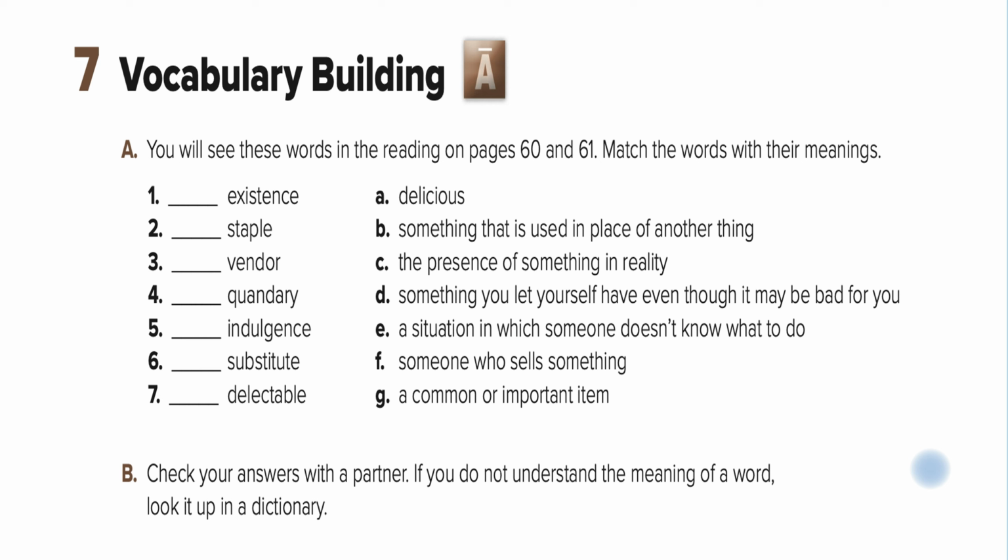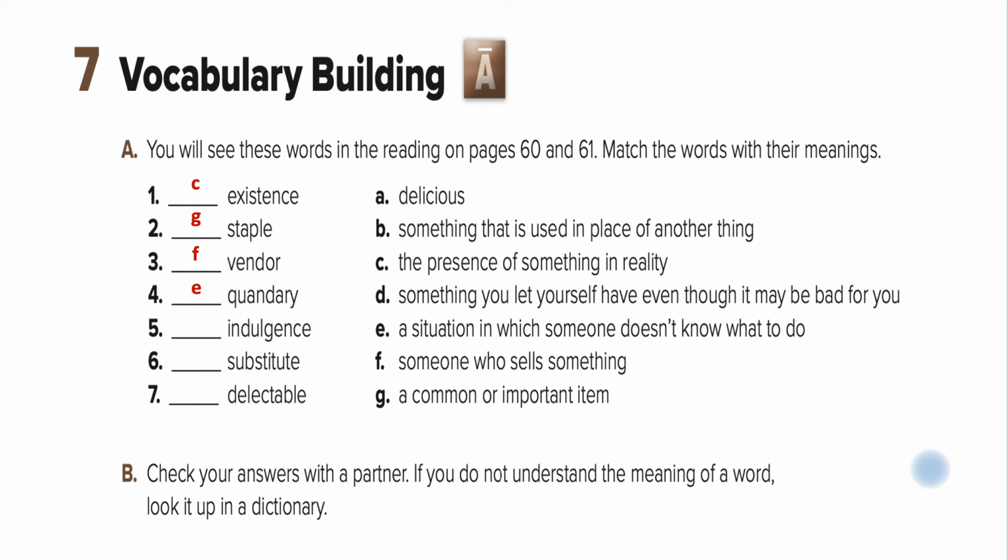Now let's take a look at the words one more time and let's match the words with their meanings. So the first one is existence, which means the presence of something in reality. Stable, which means a common or important item. Vendor, which means someone who sells something.